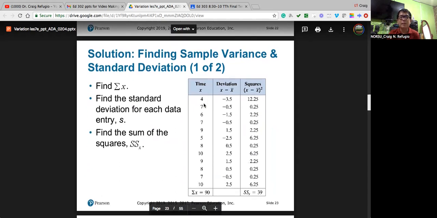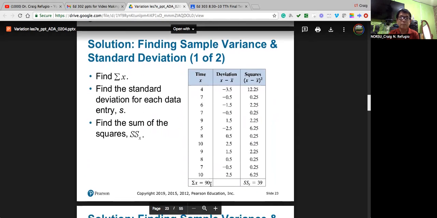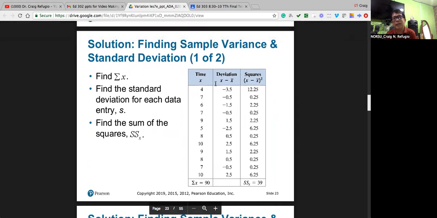From 4, 7, 6 and so forth up to 10, the total, the summation of x, is equal to 90. Then for the deviation, we have x minus x bar, which is negative 3.5, negative 0.5, up to 2.5. Remember that for x minus x bar, you calculate first the value of the mean, and then deduct that value from x.